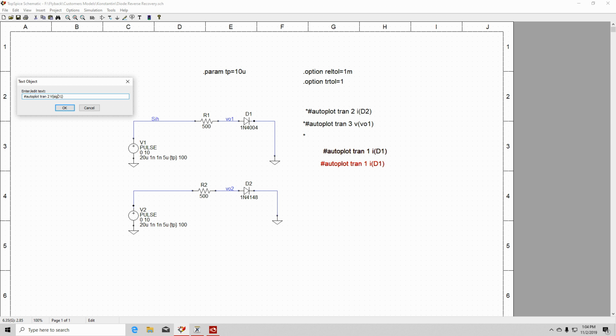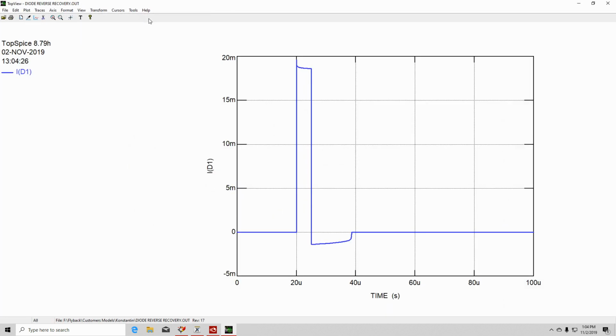So bear with me. Okay, and what I'm going to do is I'm going to change this 10 times bigger. Okay, so you can actually see the charge time. Okay, here is the current through that diode.